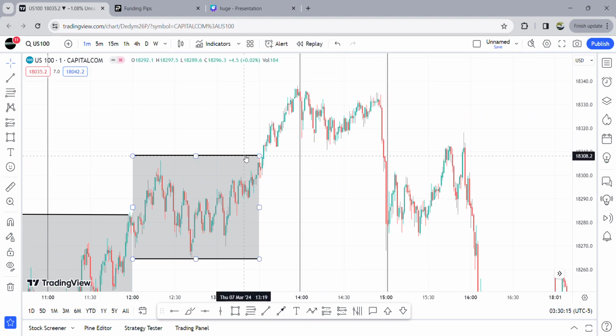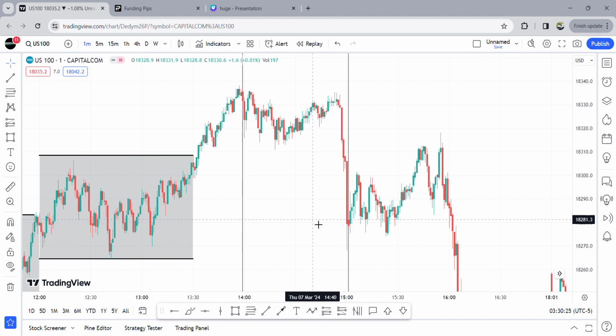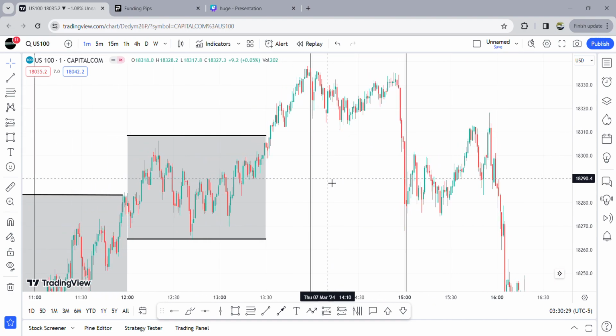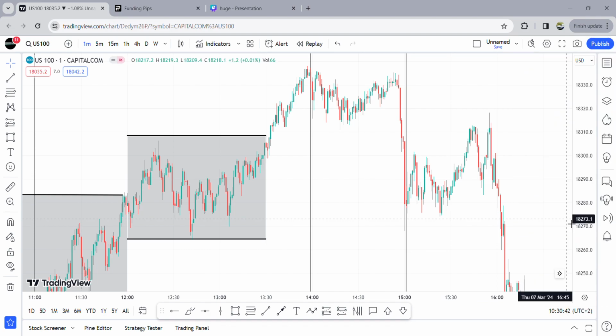I'm looking for a break, and then I'm looking for a reaction, and then my entry pattern, which I'm going to go into in a future video. And it all has to happen between the 2 and 3 p.m. time window. This is US time, 2 to 3 p.m. But let's go back to Cairo time. Let me just make sure it's Cairo. Yeah, I think it's Cairo time.